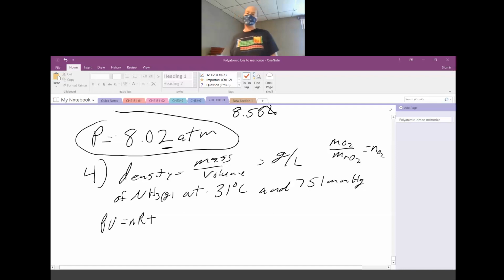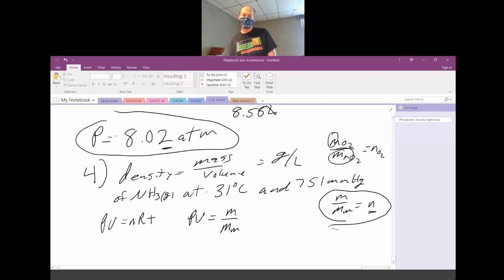And so that is a nice conversion. So for any gas to find moles, you simply take the mass and divide by the molar mass. So mass over molar mass is equal to moles. So I just do that substitution. So I have PV is equal to, instead of N, I put in my mass divided by my molar mass, because that is the same as N, and then R and T.